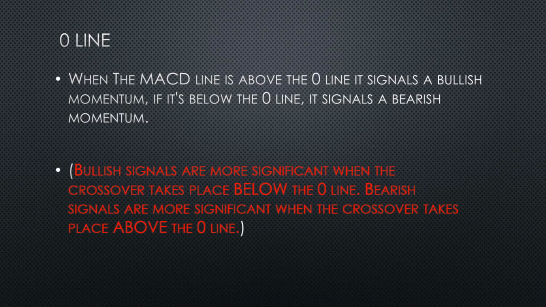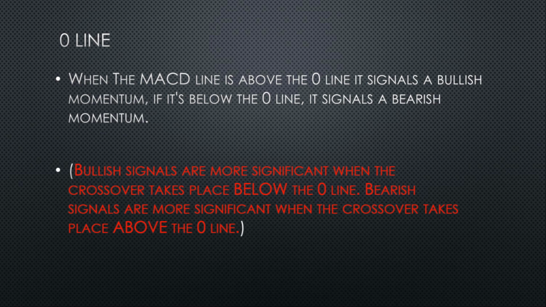The main thing to remember about the zero line is that when the MACD line is above the zero line, it signals a bullish momentum. If it's below the zero line, it signals a bearish momentum. And bullish signals are more significant when the crossover takes place below the zero line, because that means there's more room for it to go up.